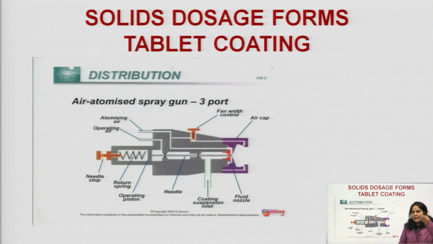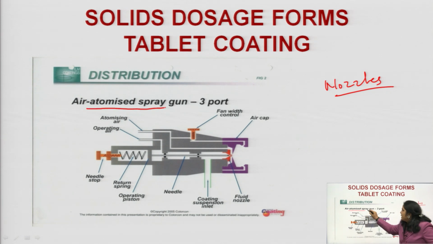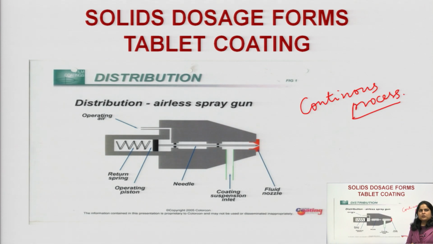Then the next one is the spray nozzles, which are the most important part of the tablet coating procedure. So, this one is our air atomized spray gun with 3 ports. First one is the airless spray gun. In this we are not using air for the atomization process, only the coating solution is atomized under its own pressure.